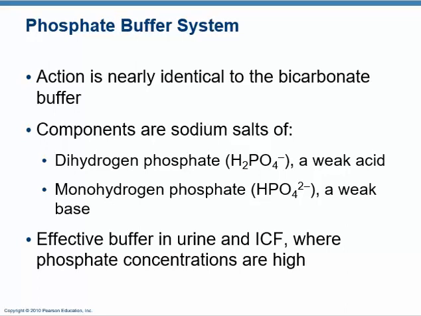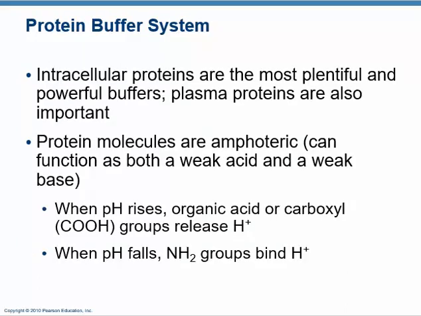And it will buffer. Proteins will act as buffers because proteins can be a weak acid because of the amino acid side chains. So it will bind hydrogen if there's too much hydrogen.